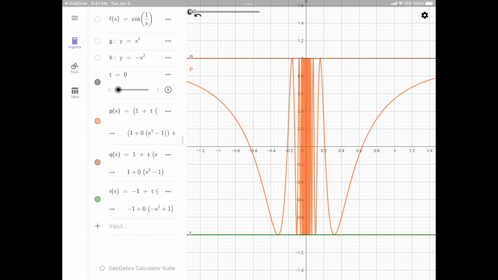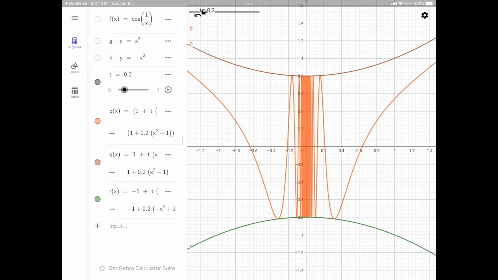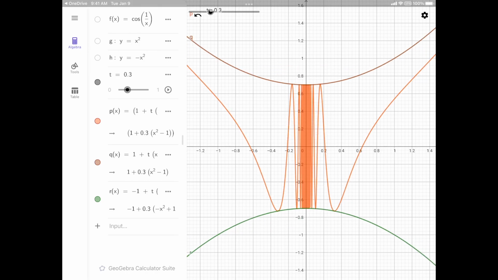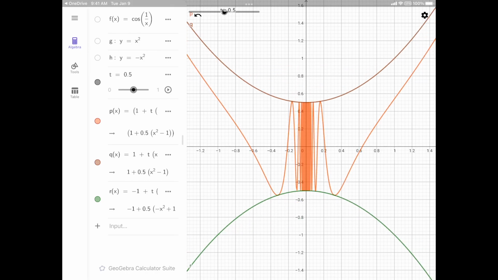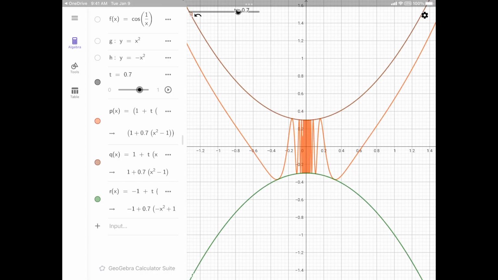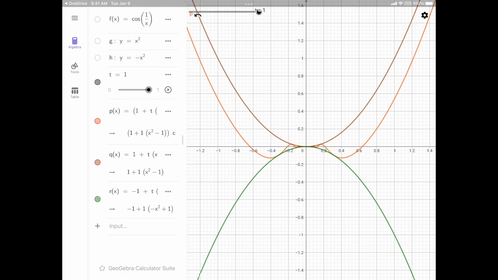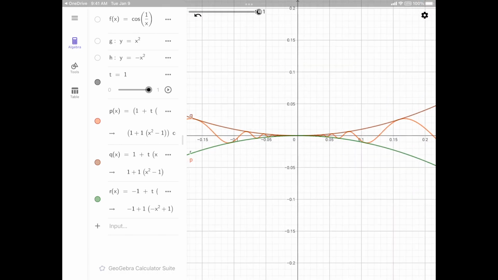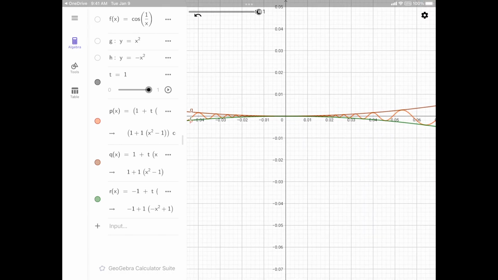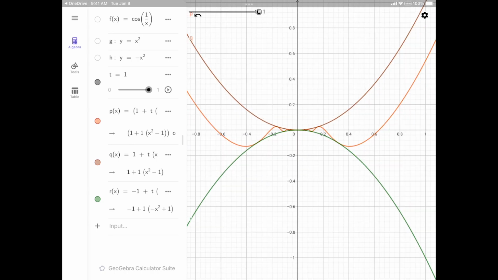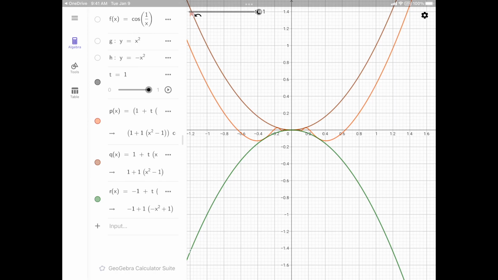So as t grows, these lines get closer and closer to the parabolas, and they squeeze, they force the oscillation to stop. It still happens close enough, and if you really zoom in, you can still see some oscillation. But the orange function in between is never allowed to oscillate too much because the two parabolas are forcing it to stay where it is.